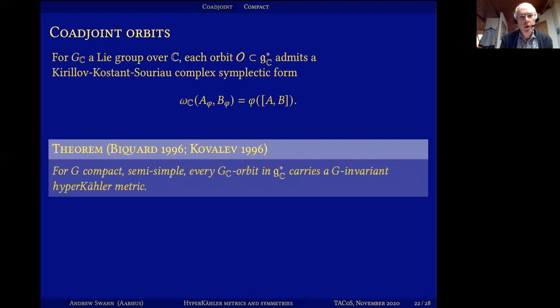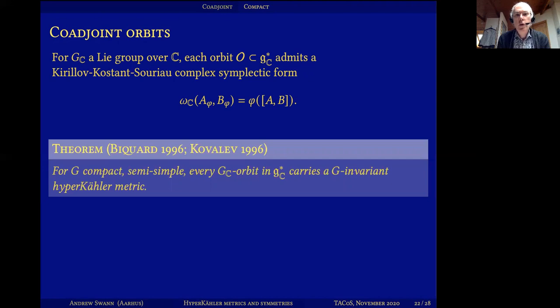So if you assume G is compact, then there's a very nice result, which was initially proved for nilpotent orbits and semi-simple orbits by Kronheimer, but the general statement was given by Biquard and Kovalev. So for compact G, you may as well take it to be semi-simple here because the center is going to act trivially anyway.